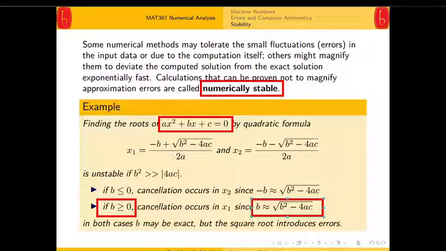This will cause issues when b squared is much greater than the absolute value of 4ac. In both cases, b may be exact, but the square root introduces errors. So for this particular example, we say this method is unstable if this condition is satisfied.